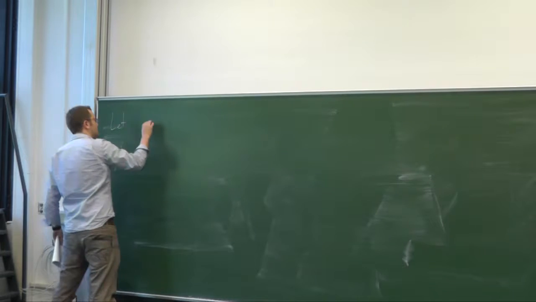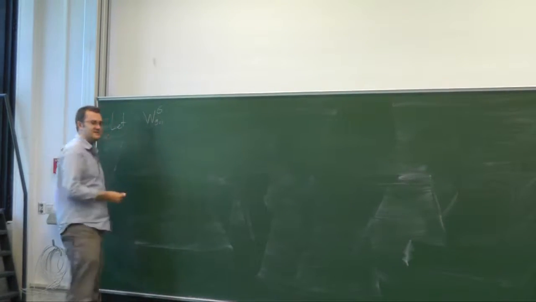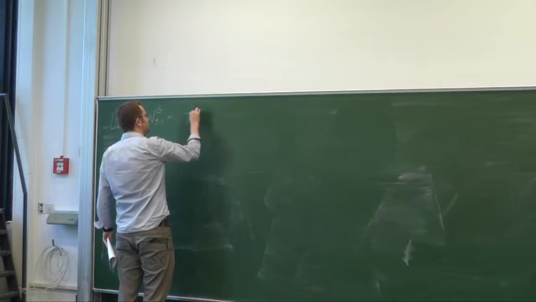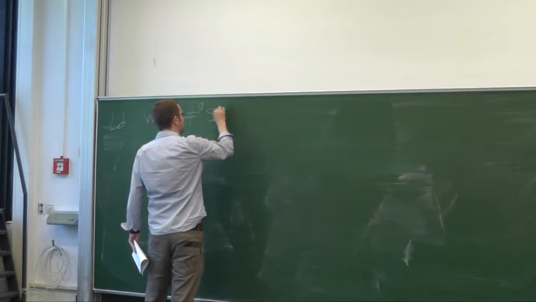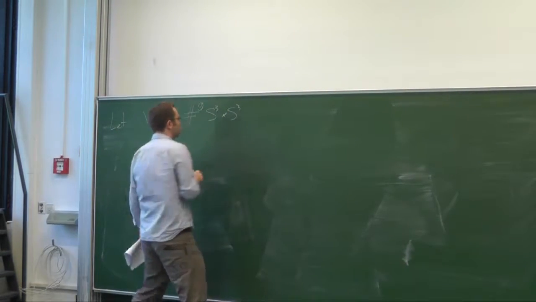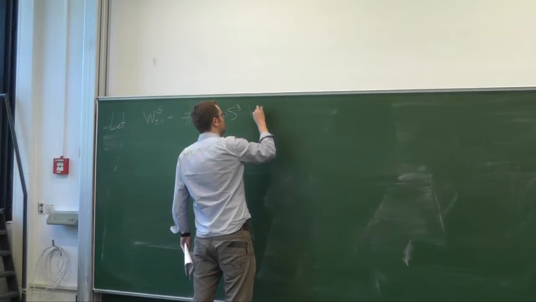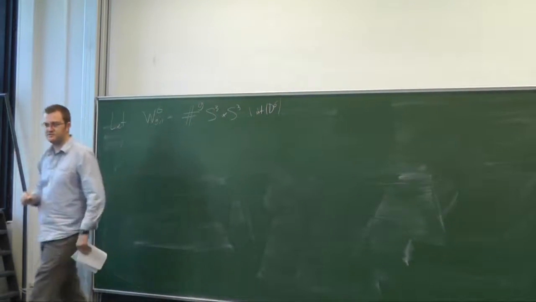Let W_{g,1} be a 6-manifold with boundary. I take the connected sum of g copies of S^3 × S^3, and then I remove from that an open disk, and I make a choice of such a manifold.